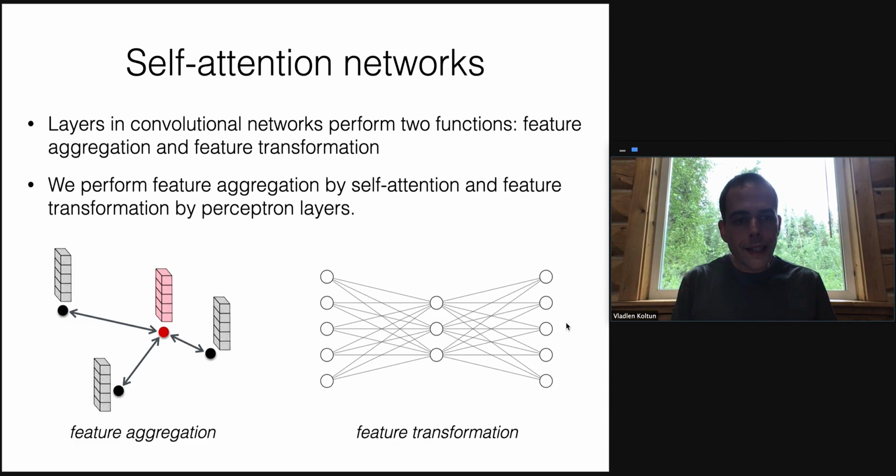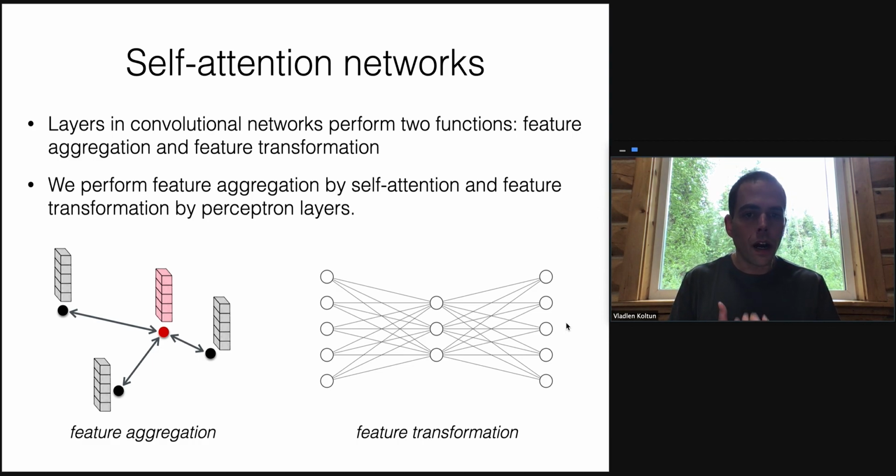The core idea in our self-attention networks is that the convolutional layer in convolutional networks really bundles 2 functions. We refer to them as feature aggregation and feature transformation. The convolution operator itself performs feature aggregation, and this is an operation that has to have spatial extent. This is the operation that intermixes information from multiple locations in the image.